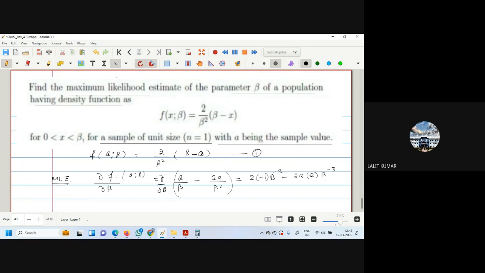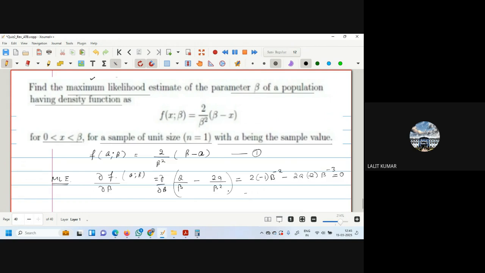Is this okay? For the MLE, we take the derivative of the function with respect to beta and then we equate it to 0, because we are doing the maximum likelihood. At the maximum, the derivative will be equal to 0.